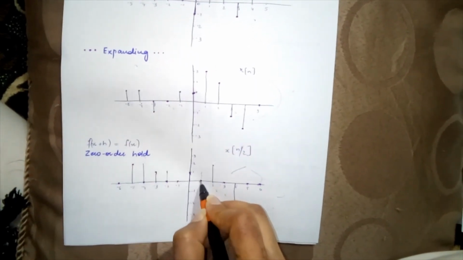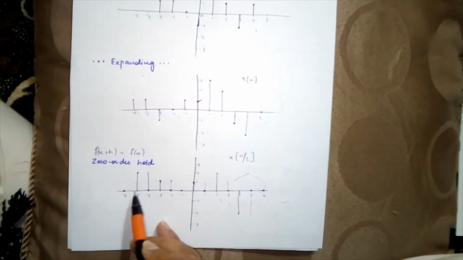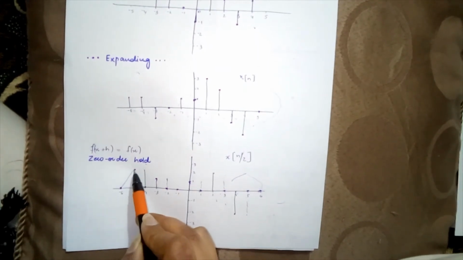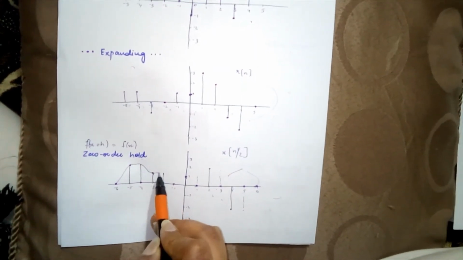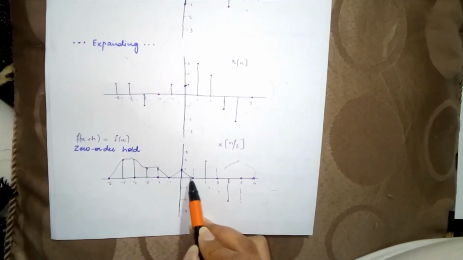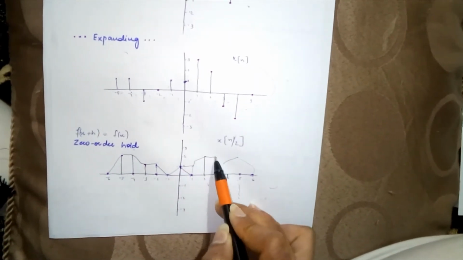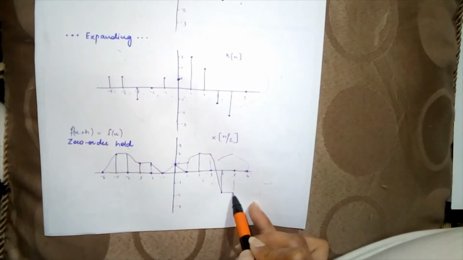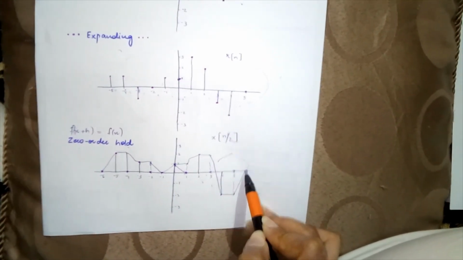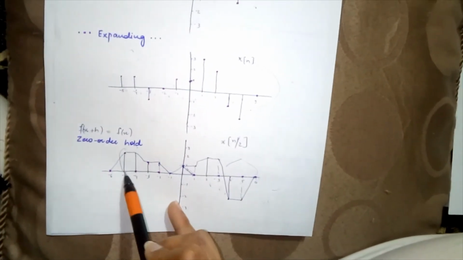Similarly, this value, and this value. In this way, we get the signal like this function. This is the zero order hold, in which we draw the same value on the zeros as the previous values.